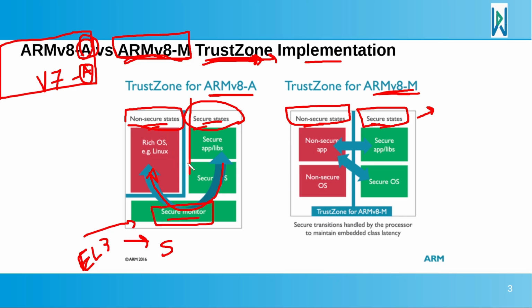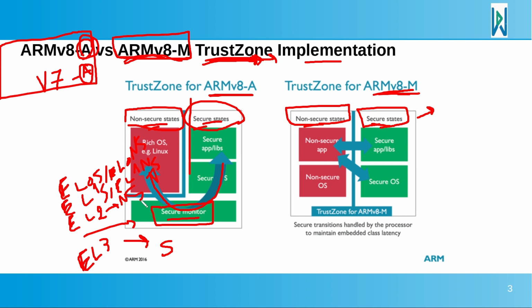Now the top level application or software, they're gonna execute either in exception level 0 secure or exception level 0 non-secure, as well as exception level 1 secure and exception level 1 non-secure. Exception level 2, this will be always in non-secure.